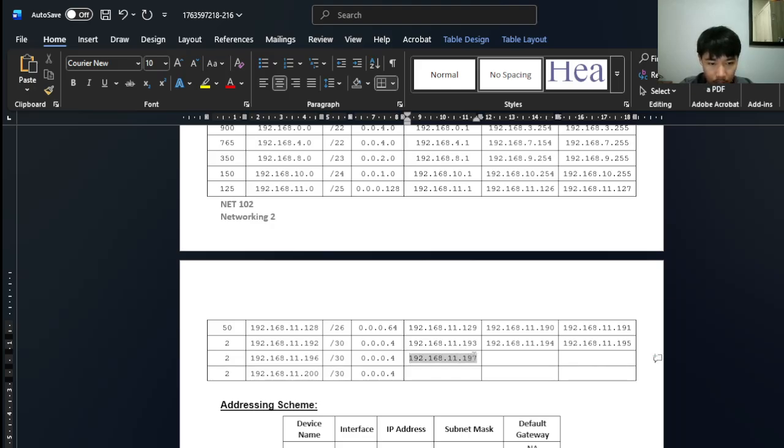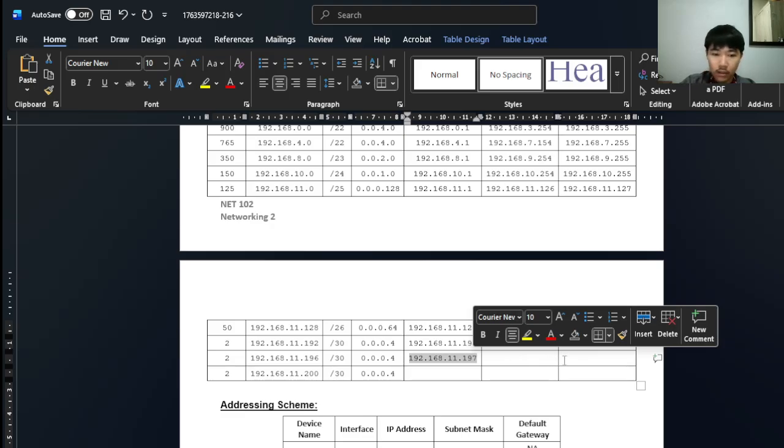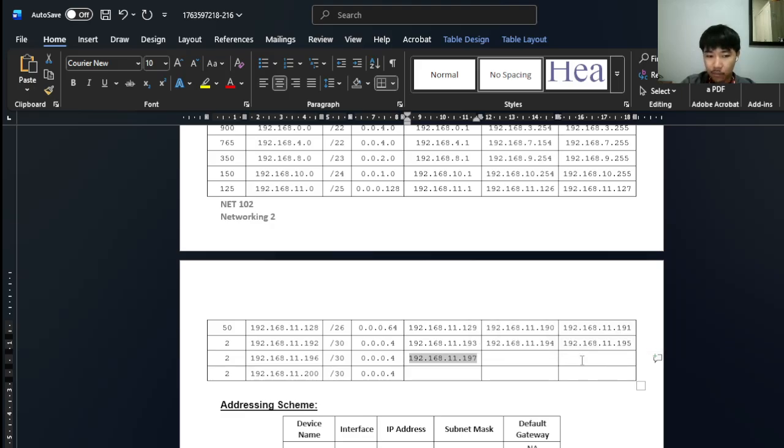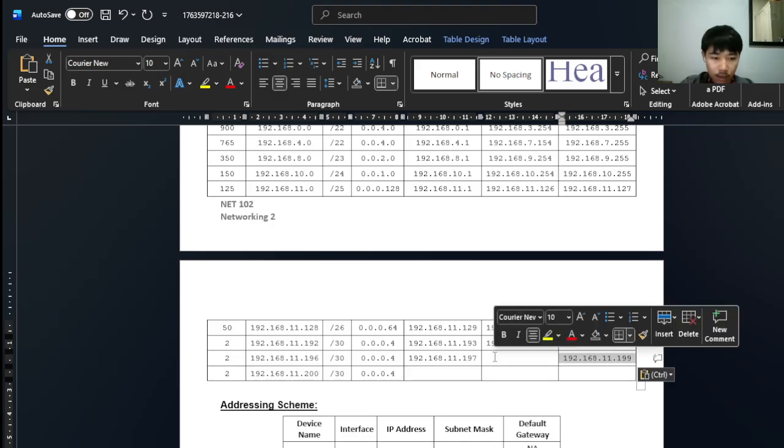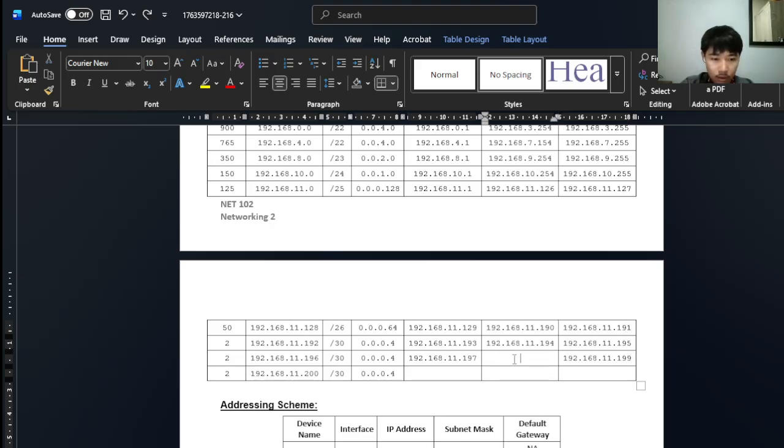Then copy again, 192.168, and on the last part 199, and then 200, no, 198, sorry, it should be decreased by 1.